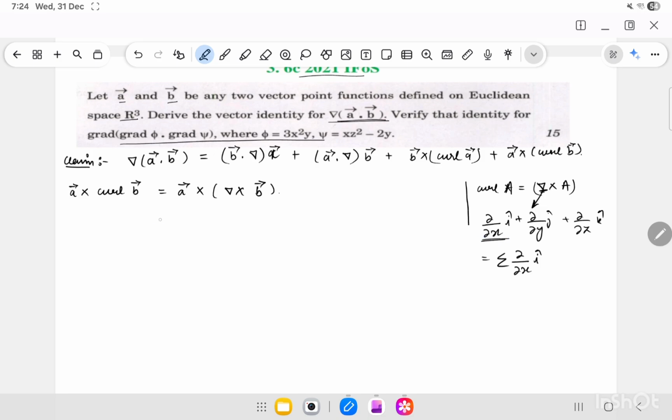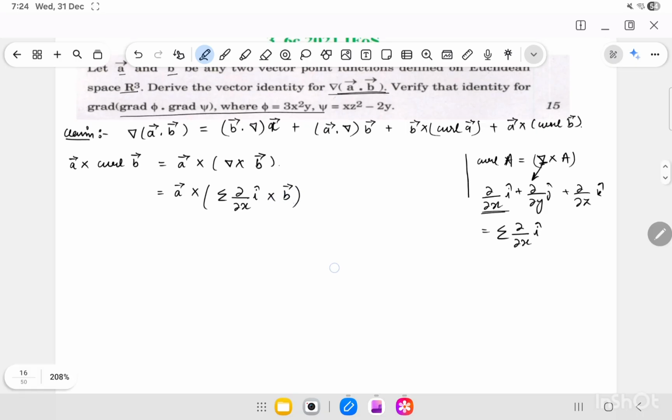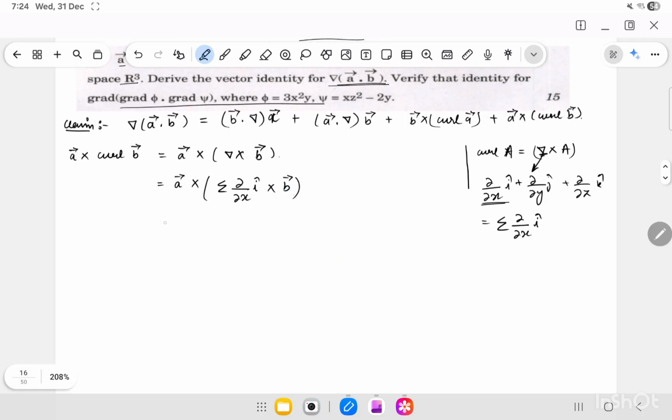So it will be equal to a vector cross summation del by del x i vector cross b vector. Now we can just pull out this summation outside.